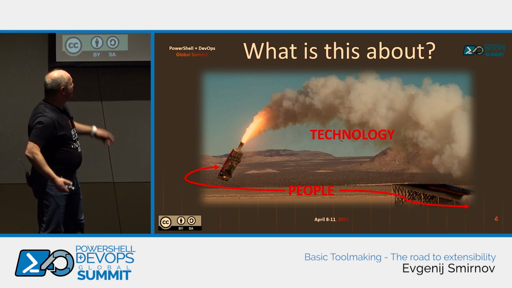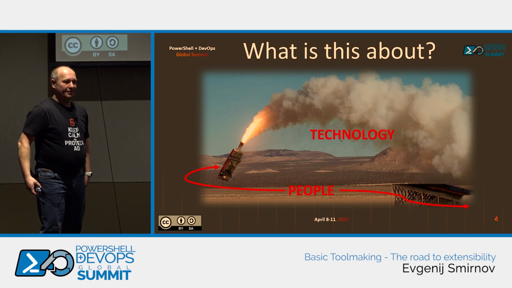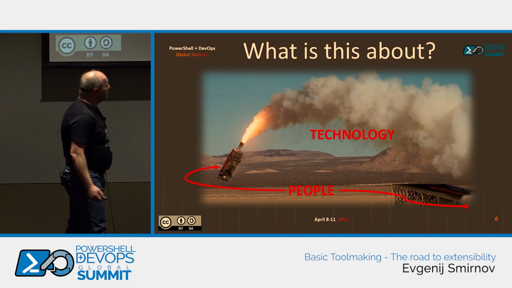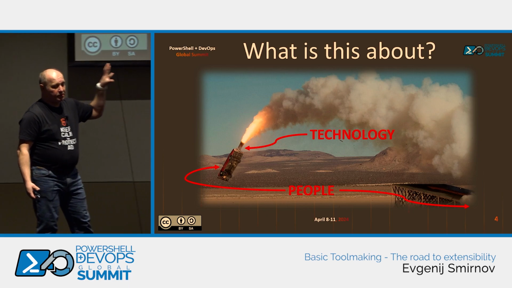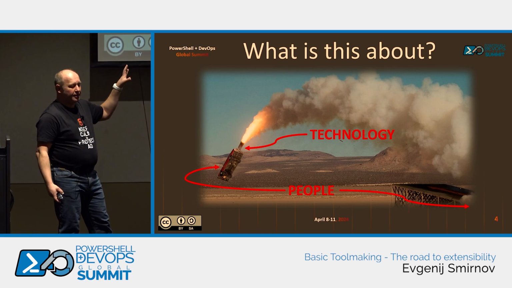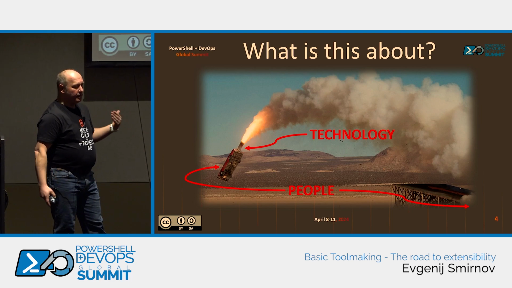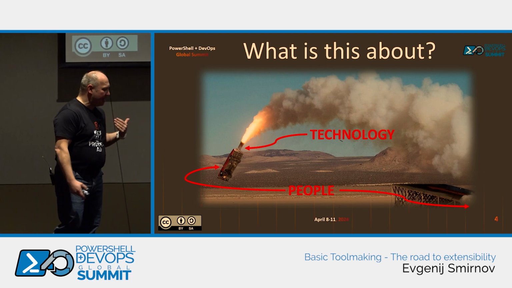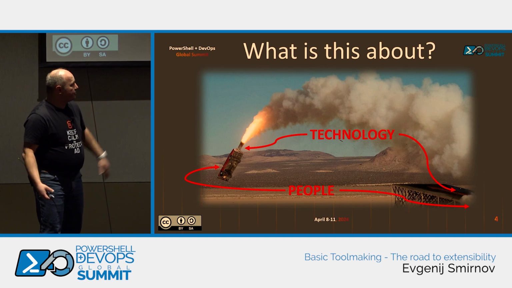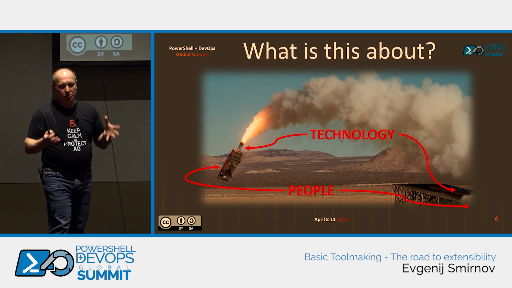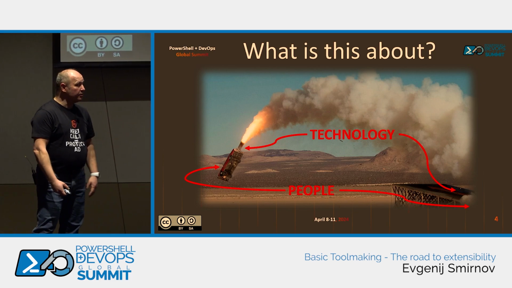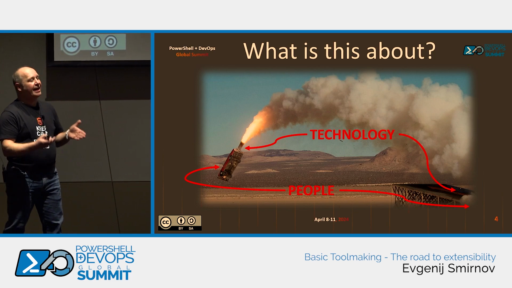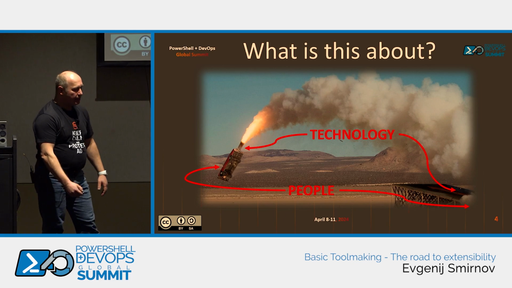And this is the poor sod running the tool. Same goes for technology. There are environments where your tools might be run, where you have no control and no knowledge about what's happening there. And there is, of course, your technology stack that you are using to produce the tool, to debug the tool, to optimize the tool, and to extend the tool.